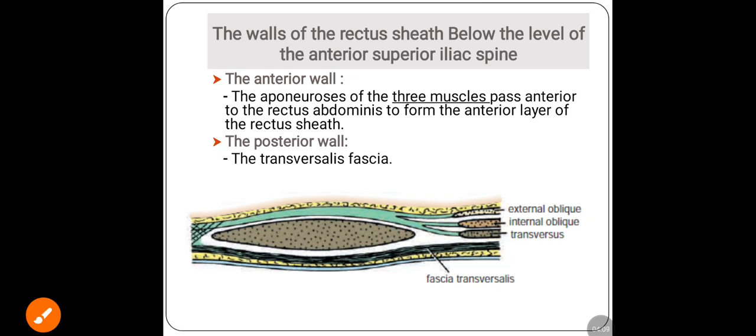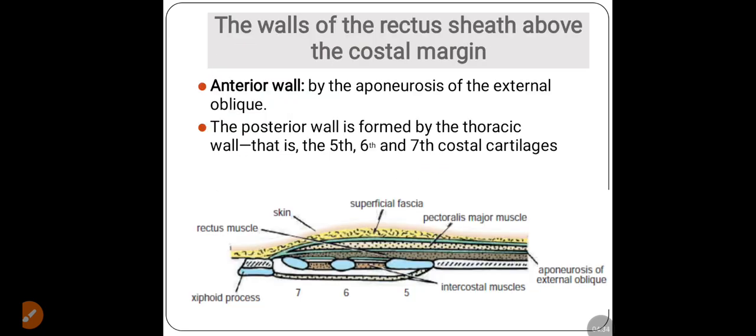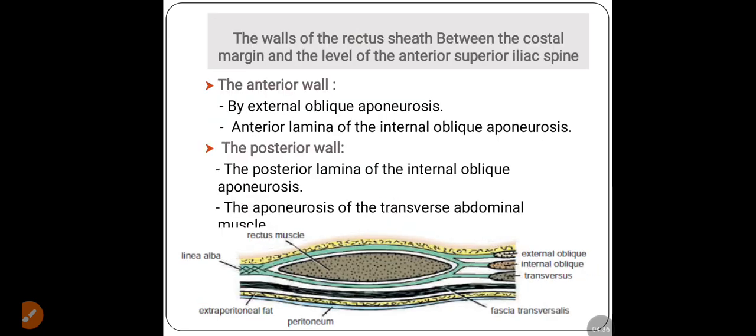The rectus sheath is formed by the aponeurosis of the oblique muscles. It contains the rectus abdominis muscle, the superior and inferior epigastric arteries, plus the thoracic spinal nerves from T7 to T12. Above the costal margin, the anterior wall is formed just by the aponeurosis of the external oblique.